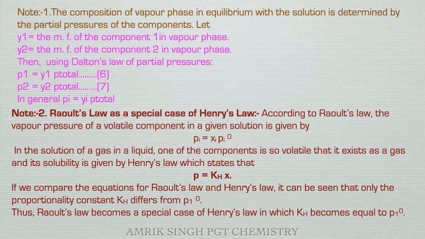We know Raoult's law, Pi equals xi P naught i, or we may say P1 equals x1 P naught 1. And Henry's law is P equals kH x. If this P naught 1 becomes equal to kH, then Raoult's law becomes a special case of Henry's law.